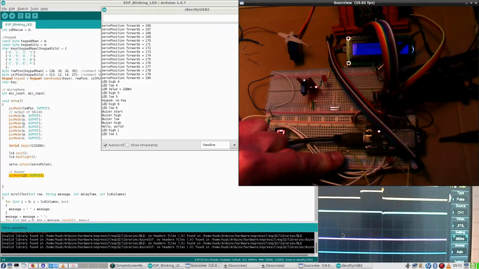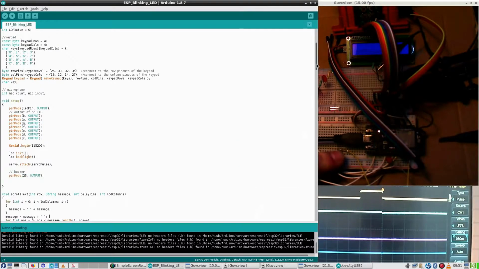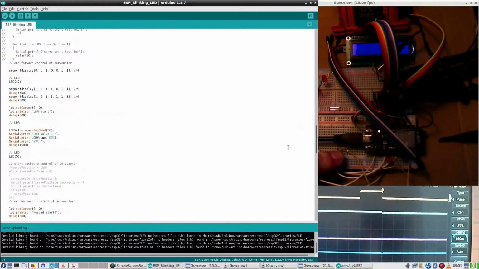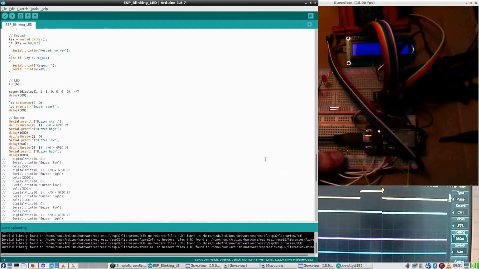Okay, so I have to define this differently. High is off for some reason. So let me try to do this with one finger on it. So this should be 0. This should be 1.